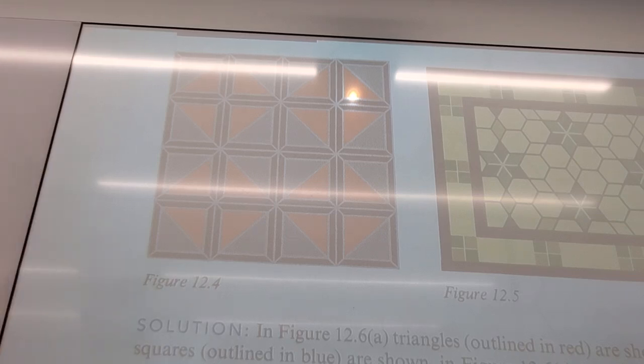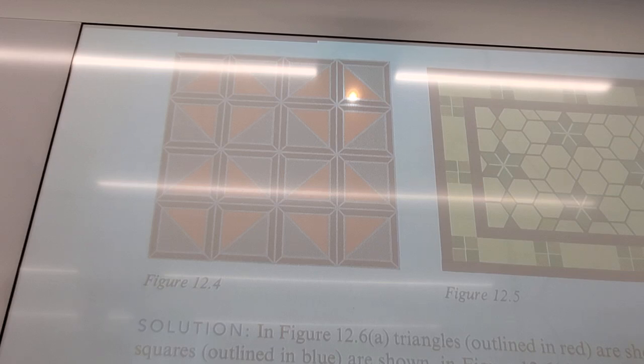If I gave a student that first figure, the one with the orange and the gray, and I asked them, can you find any shapes, just any shapes that we've talked about? What shapes do you think they would come up with? Square and triangle. Yeah, squares and triangles.